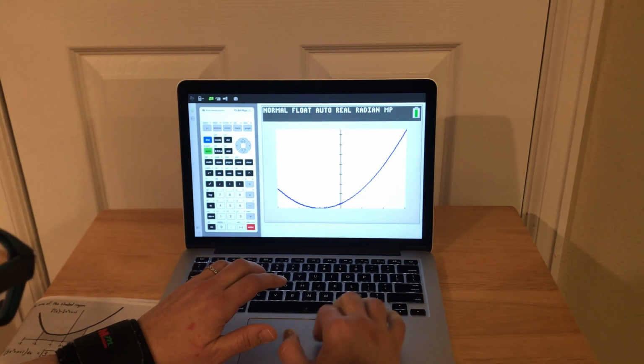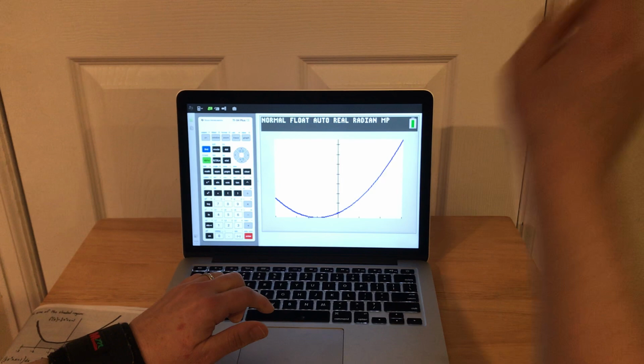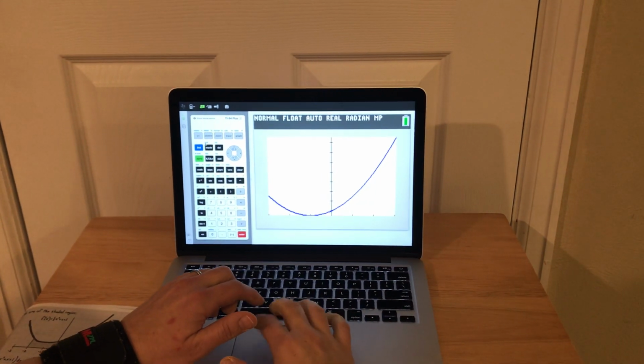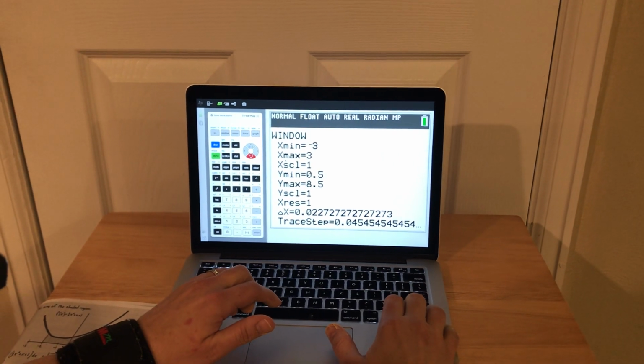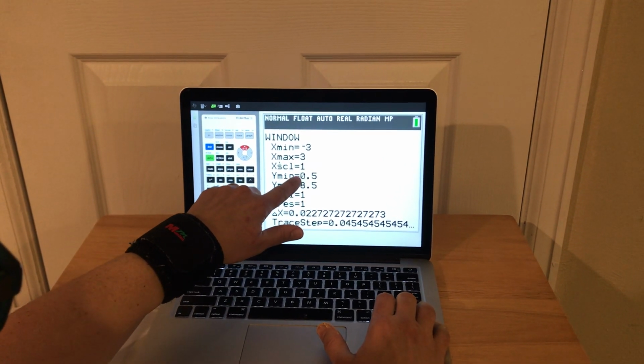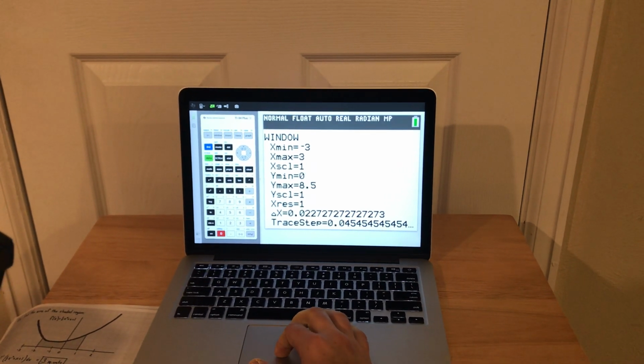Okay, now here is our picture. Notice how this graph hits the bottom of my window, but the one up on the board did not. I might change my window here. What I notice here is that the y minimum is 0.5, so maybe I'll make that a 0 so I can see the x-axis.